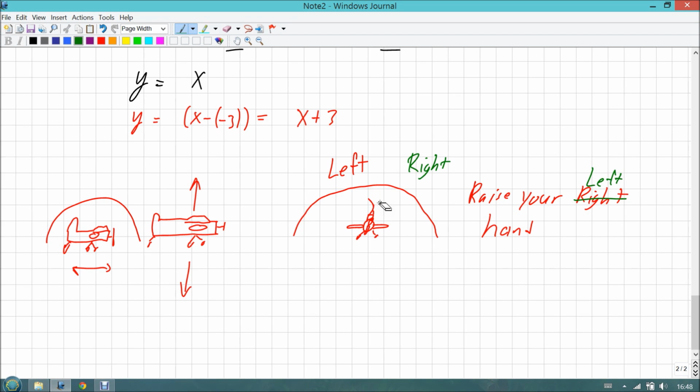So when we're giving our pilot instructions, when we want them to go to our left, we say go to the right. And if we want him to go to our right, we tell him to go to the left. Same thing with math. Math is like giving instructions, and they're facing you. So when you want them to go to the left, you say go to the right. And if you want them to go to your right, you say go to your left.